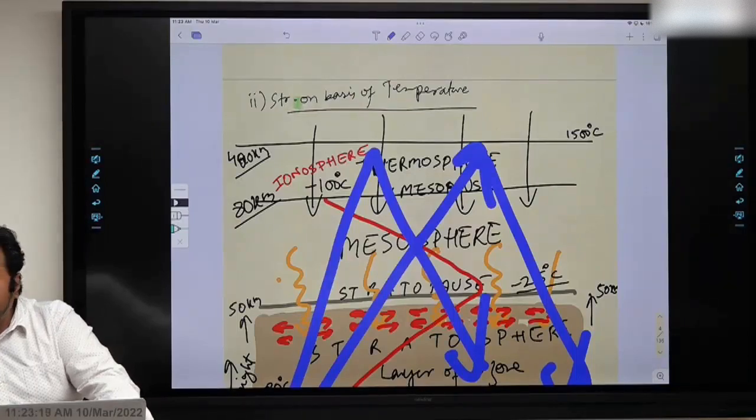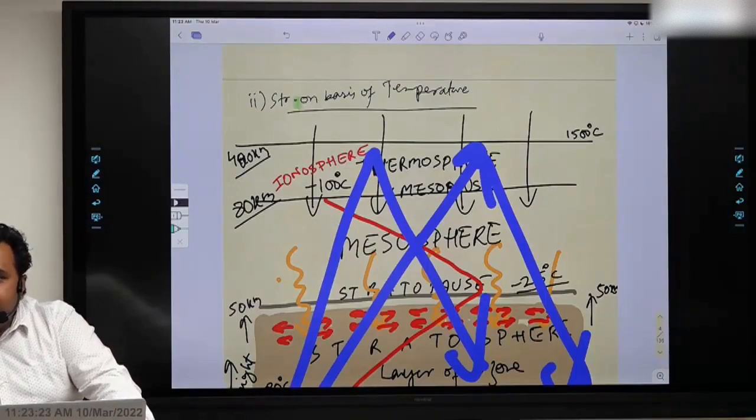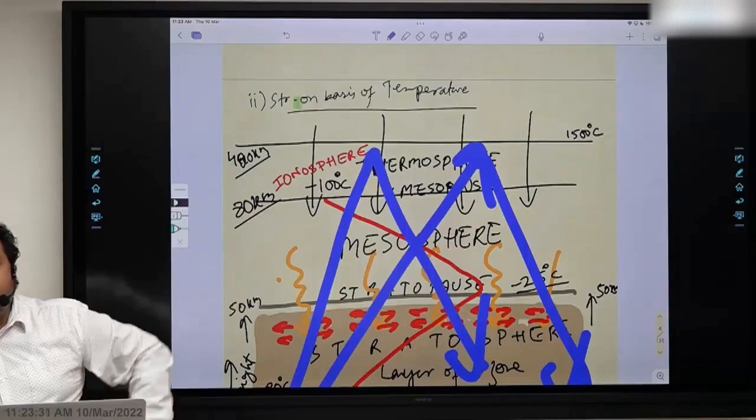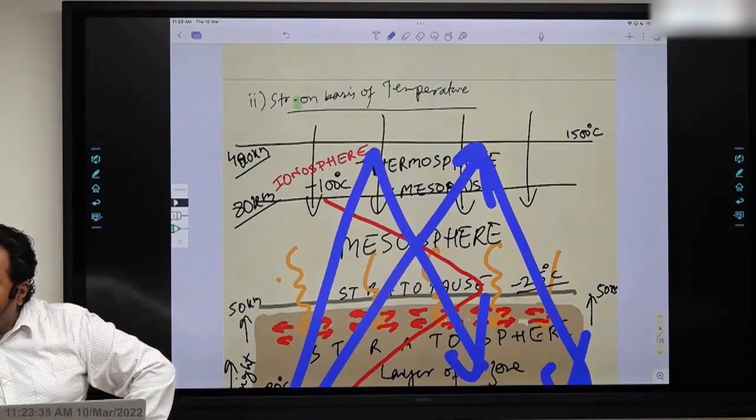Solar charged particles, so these two are both charged particles, right? The ionosphere charged particle and the solar charged particle and Earth's magnetic field. So you have one magnetic field and you have electric particles.